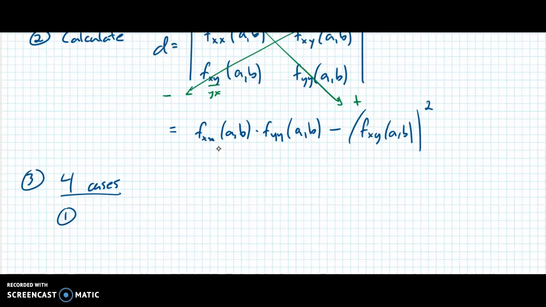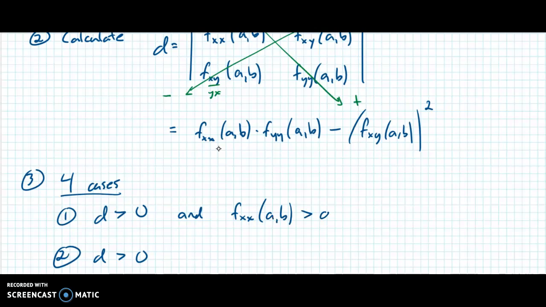So, first case, if D is positive, and actually for the second case, it is also if D is positive, right? So if D is greater than 0, and f sub xx of a comma b is also greater than 0. You can think about this as the second partial, like a second derivative.